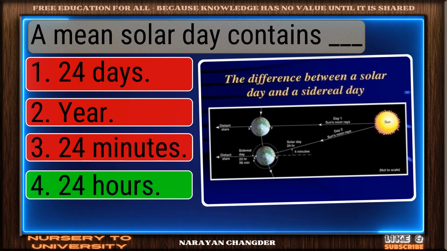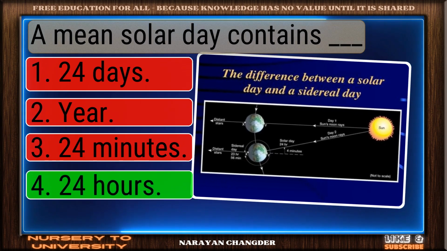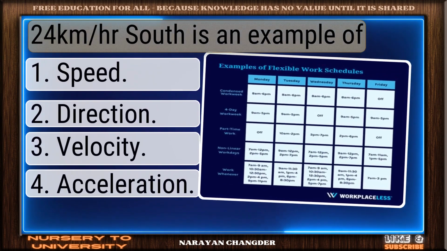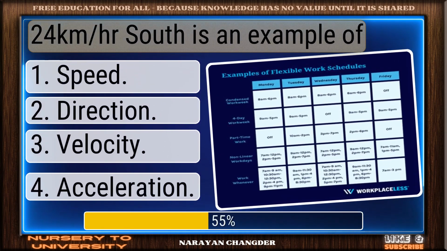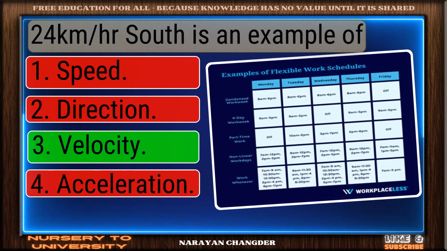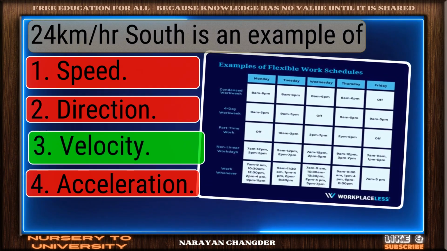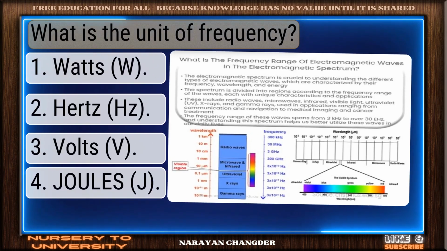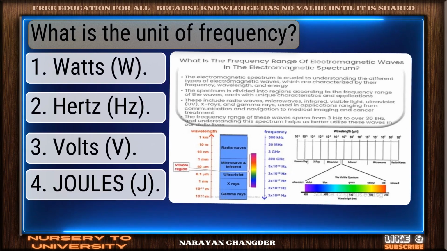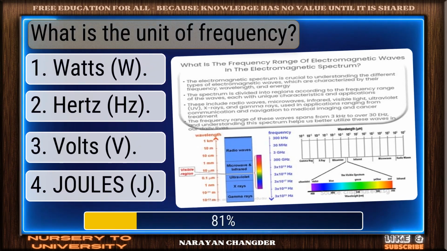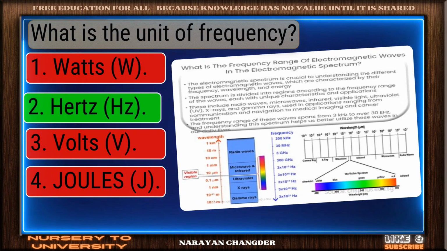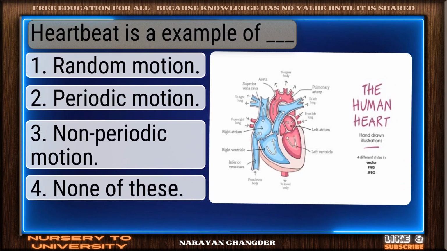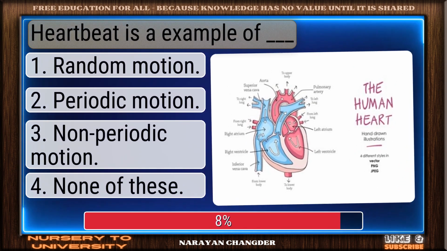Exactly. 24 hours makes sense, and it is the right choice. Question number 205. 24 km south is an example of? Excellent choice. Velocity is the right answer. Question number 206. What is the unit of frequency? Right choice. Hertz is the best answer. Question number 207. Heartbeat is an example of dash.